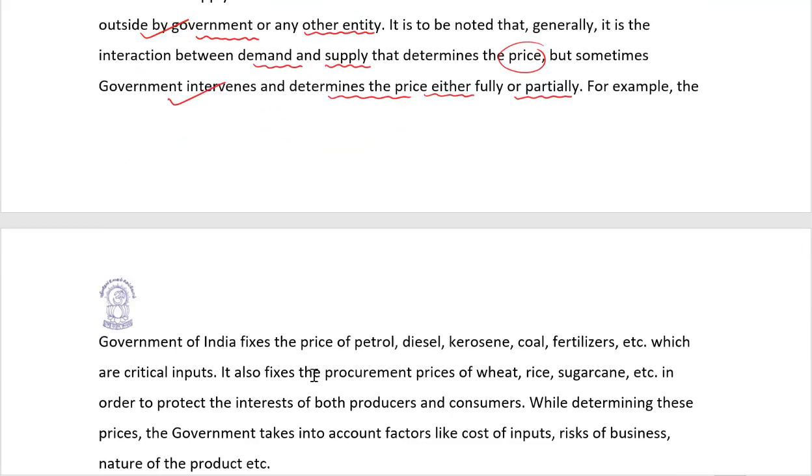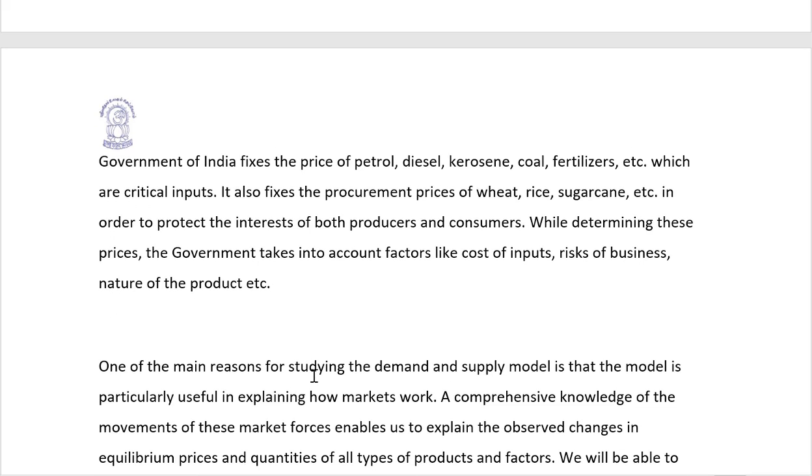For example, Government of India fixes the price of petrol, diesel, kerosene oil, fertilizers, etc., which are critical inputs. So these inputs are in the control of Government of India, and the prices of these goods are fixed by the Government of India.